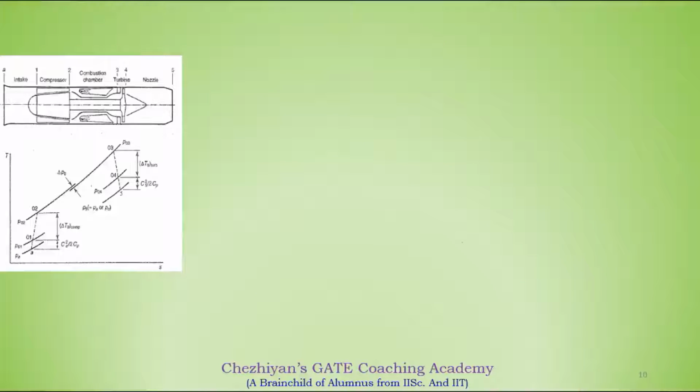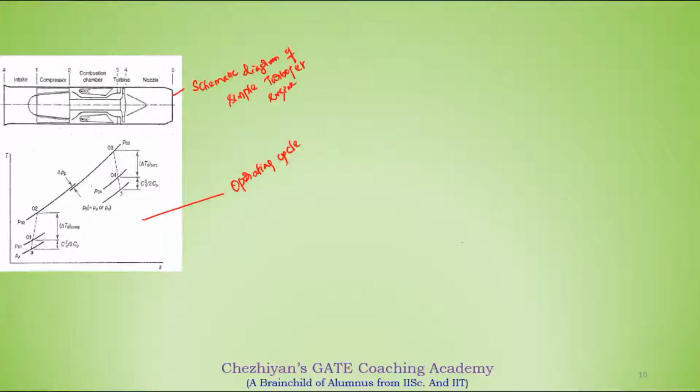We know how the engine is made up of components. First, I have taken the schematic diagram of a simple turbojet engine. This is the operating cycle of that simple turbojet engine.